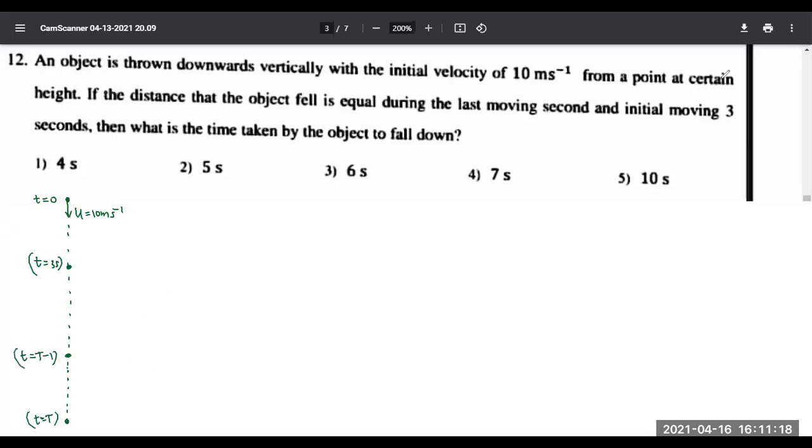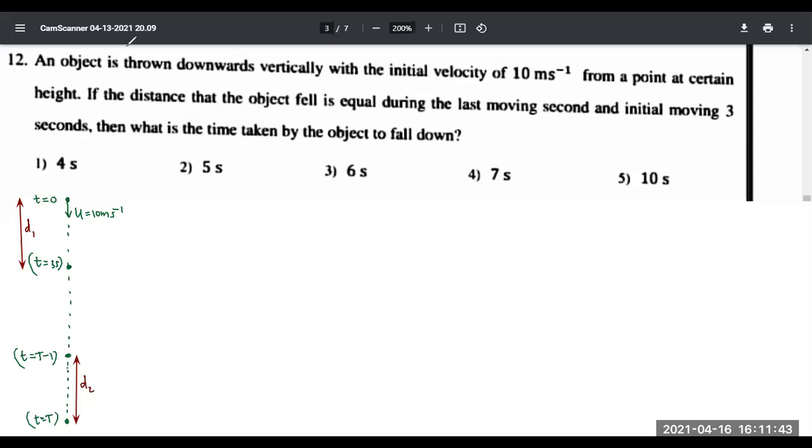So what they have mentioned is this distance, I'll mark it as D1, and this distance D2. These two distances, D1 and D2, are equal. So your target is going to be equating them.